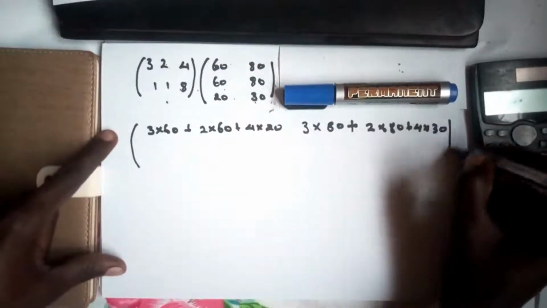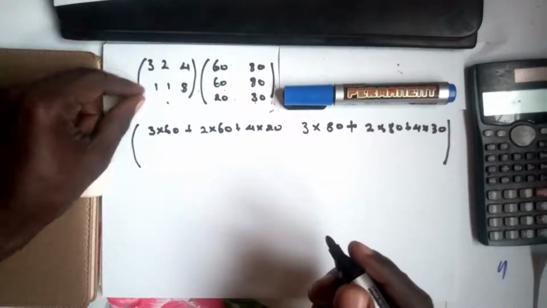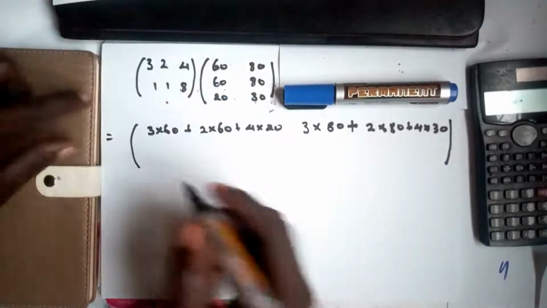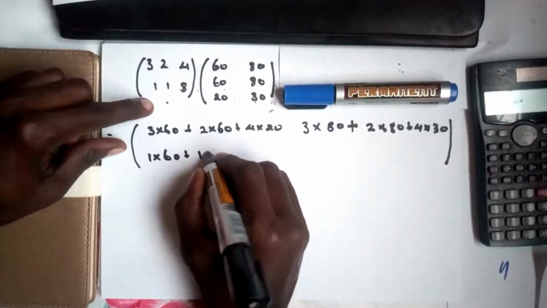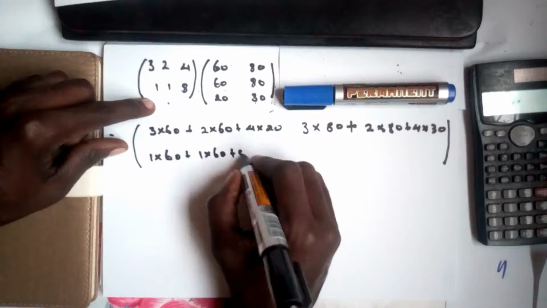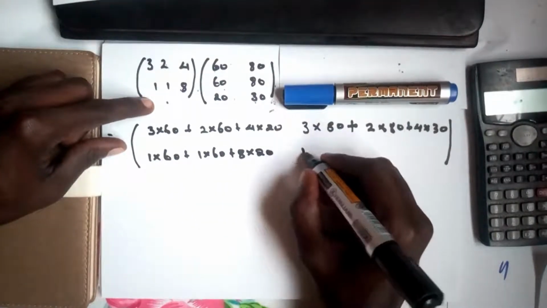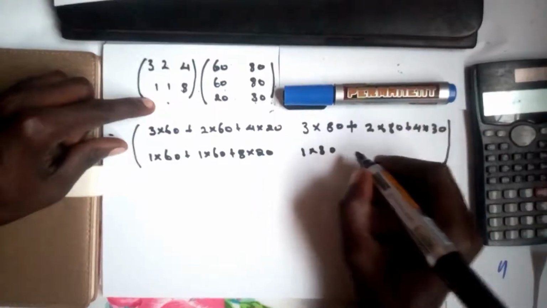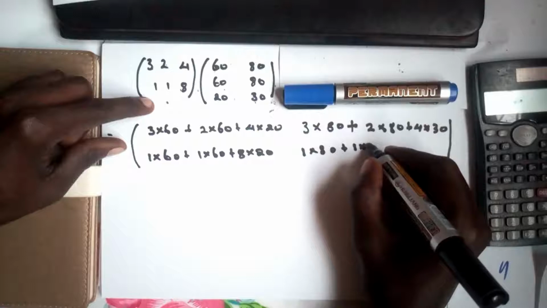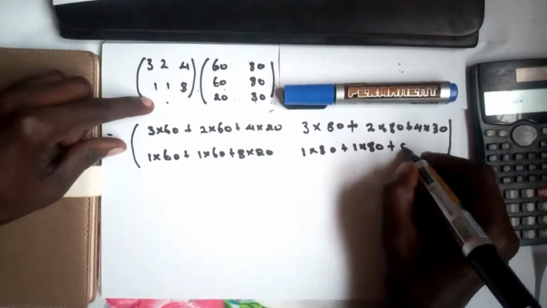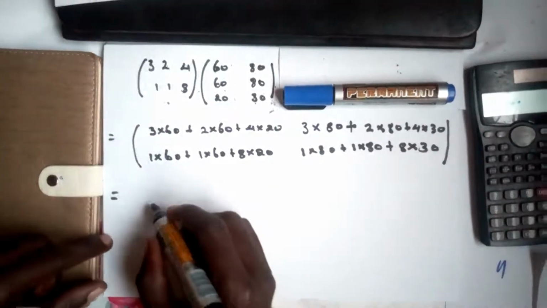We go down for Ojok buying in Hoima and also Ojok buying in Kampala. So it's going to become 1 times 60 plus 1 times 60 plus 8 times 20. Then this one is going to be 1 times 80 plus 1 times 80 plus 8 times 30.